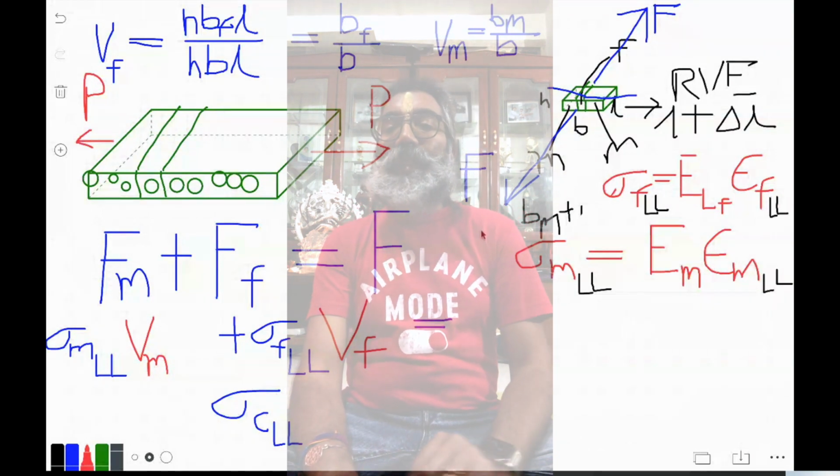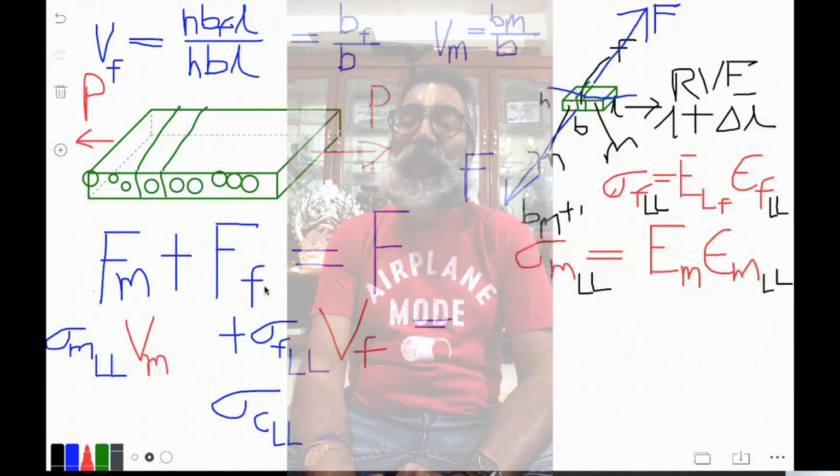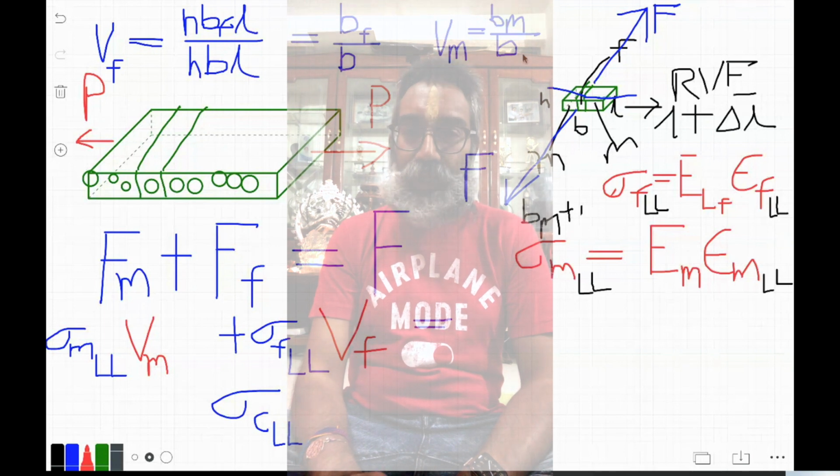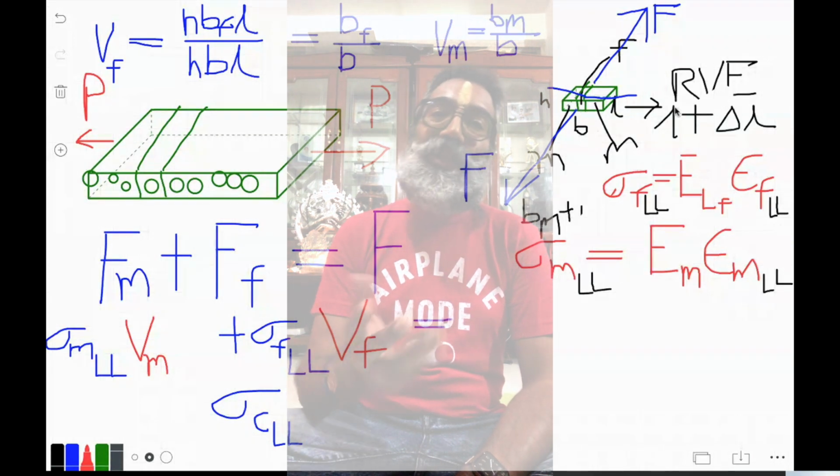So in the previous example, when we put the force F here, we saw that the force broke up into two parts, and the displacements were constant along the longitudinal direction. Now it's vice versa.